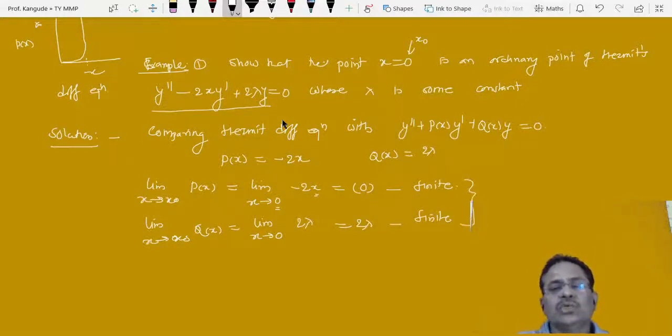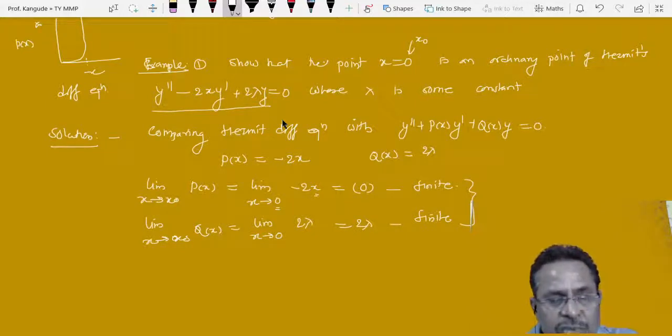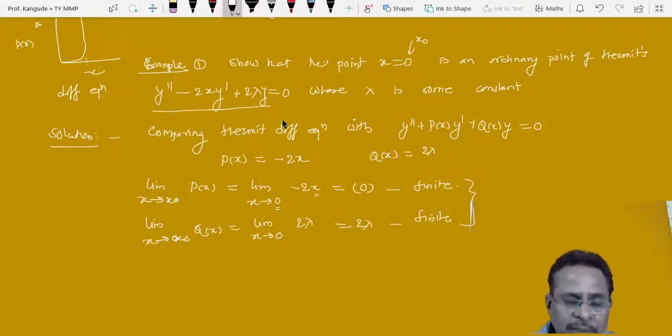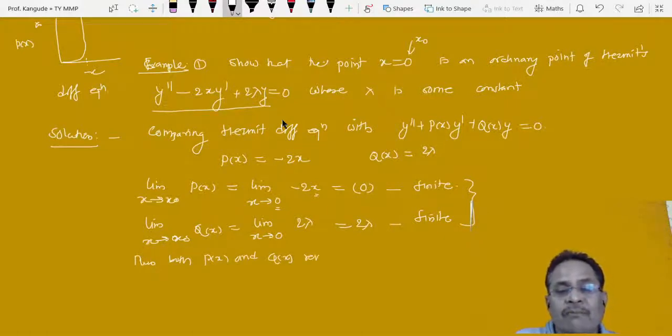That means when variable x takes the value 0, both p of x and q of x remain finite, even though I put the value of x is equal to 0 in both of these functions p of x and q of x. Thus both p of x and q of x remain finite.